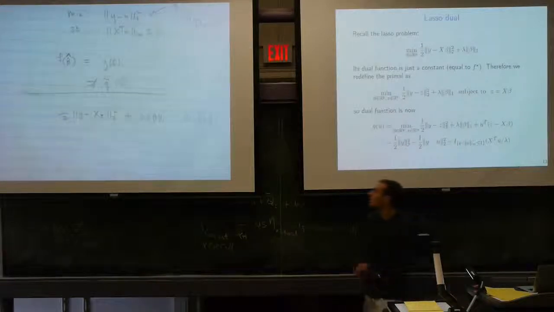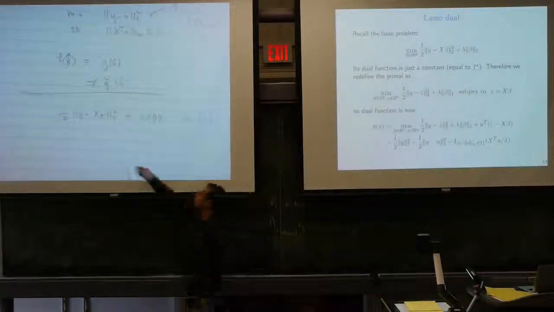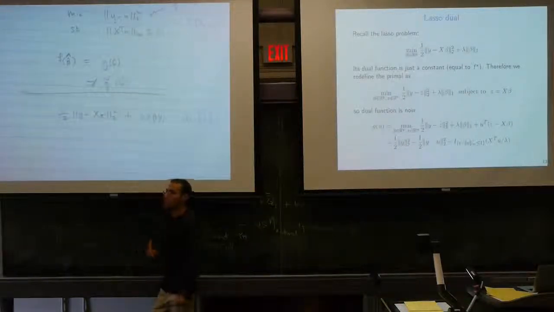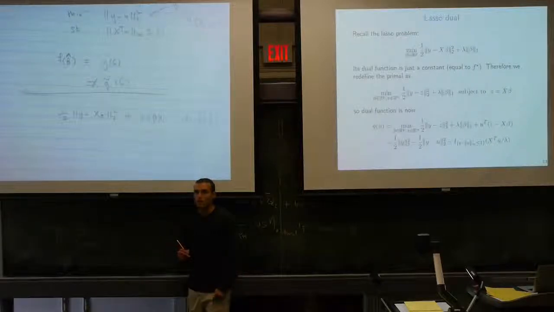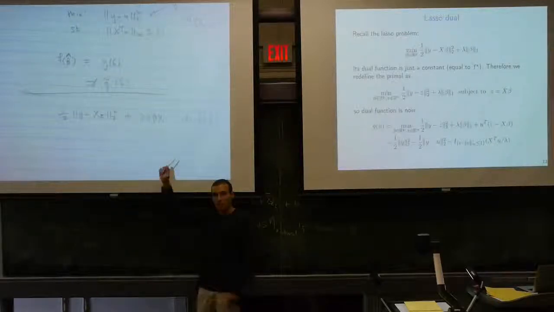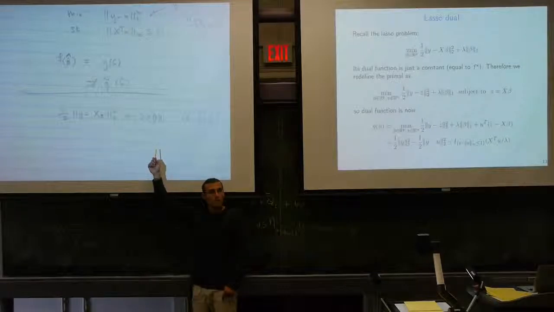That's the same as the lasso problem too. Instead of substituting z for this whole thing, I just substitute it for the beta in there. But I claim, and you should go through and check this, that if you take the dual of this problem, you get a different dual than the first one I wrote down.